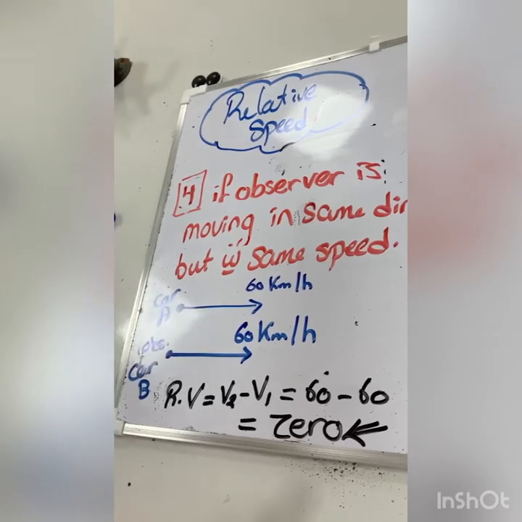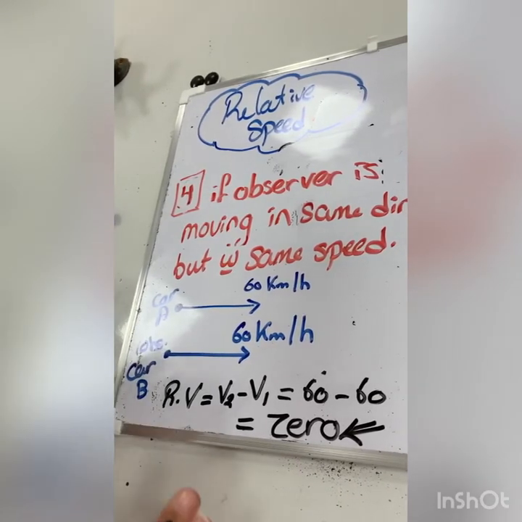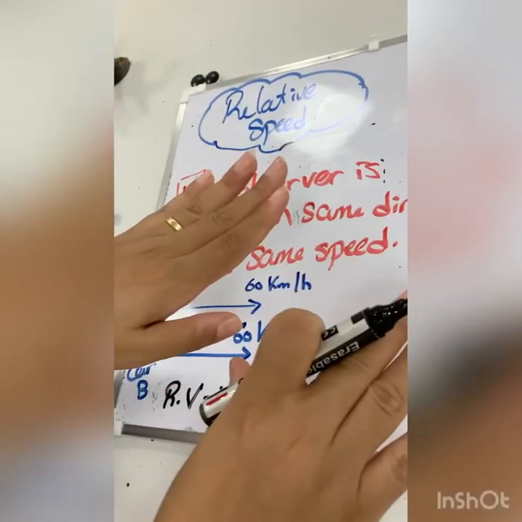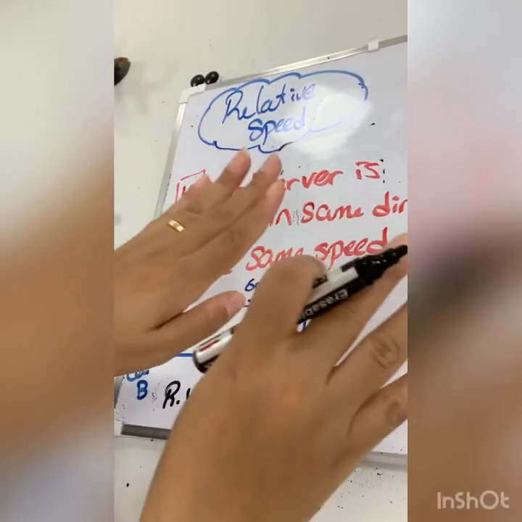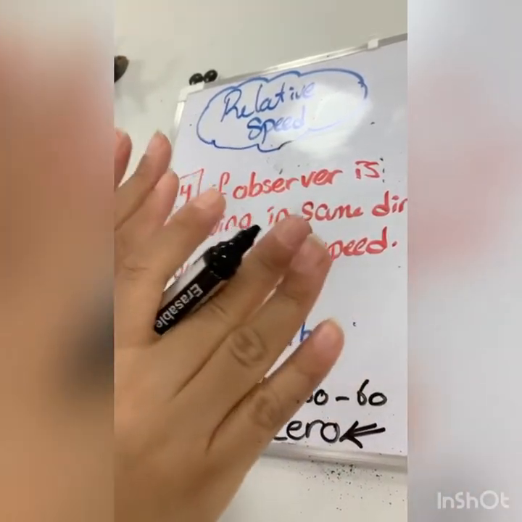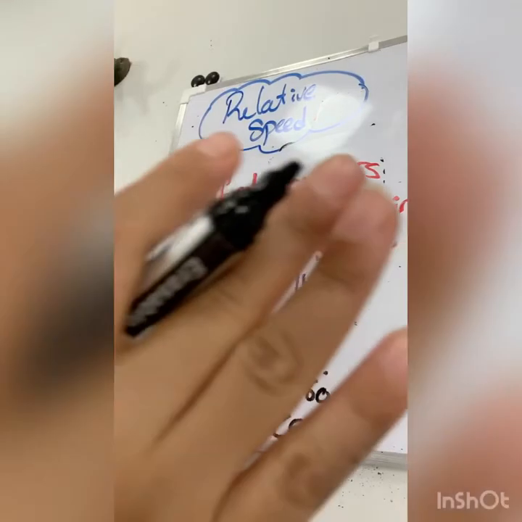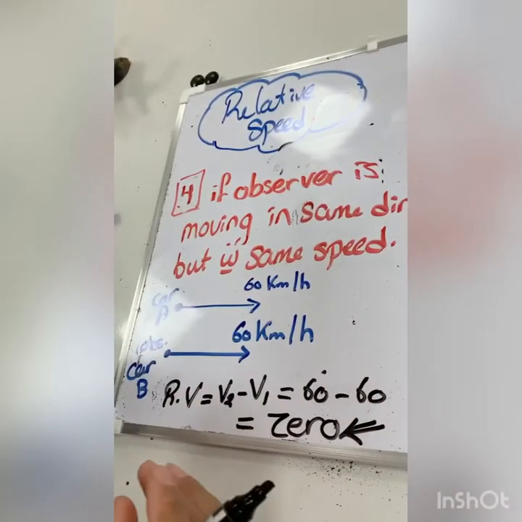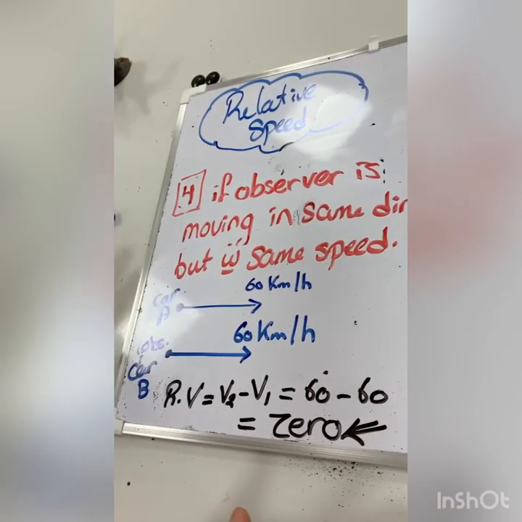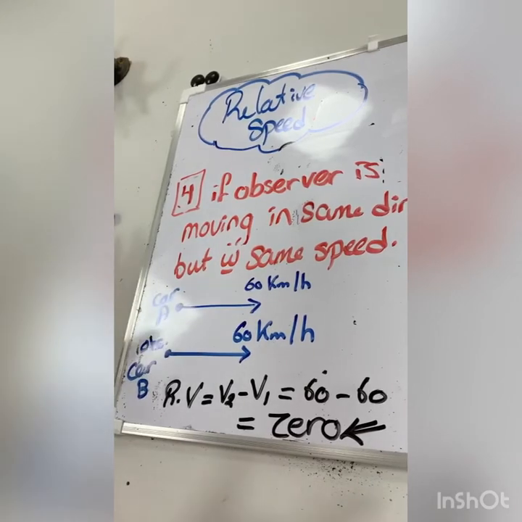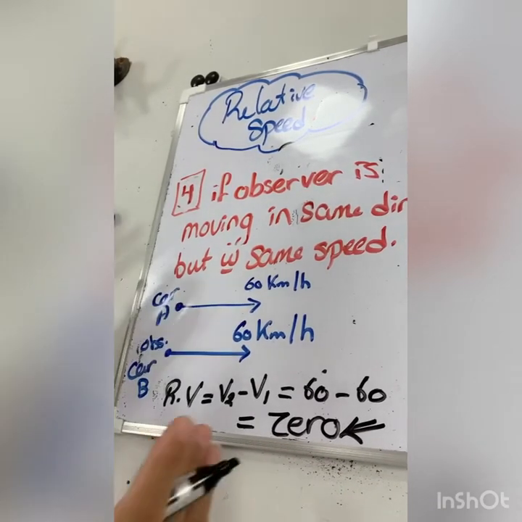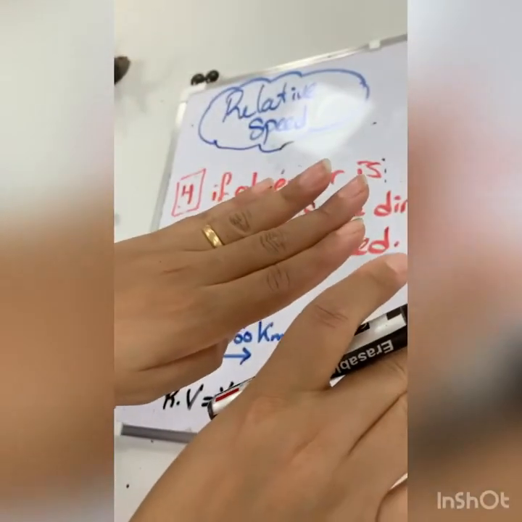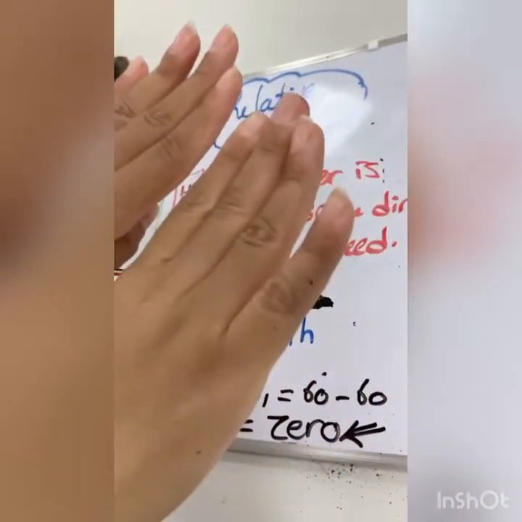This means that when the two cars are moving beside each other and both of them are moving with the same speed, the observer in one car will see that the other car is not moving. It's at rest. It's stopping. Why? Because it's moving in the same direction and at the same speed.